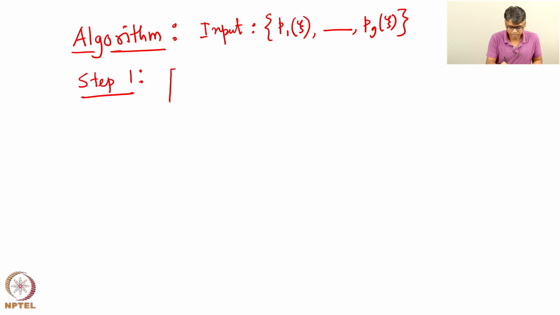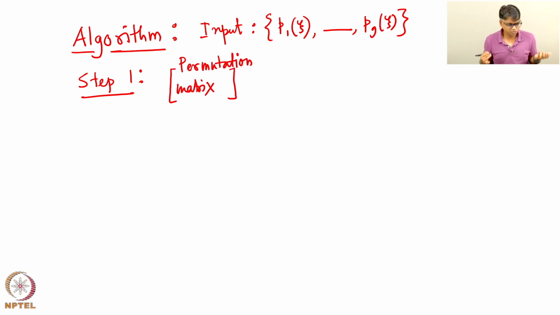So multiply by a permutation matrix. A permutation matrix, of course, is a unimodular matrix because it is a constant matrix with non-zero determinant. Therefore, the determinant is a constant.